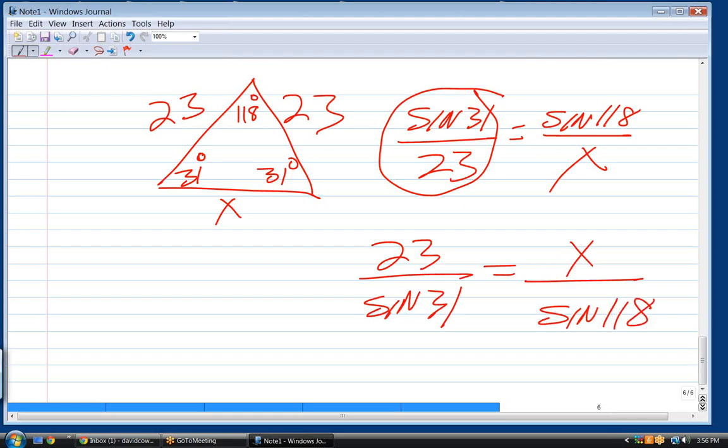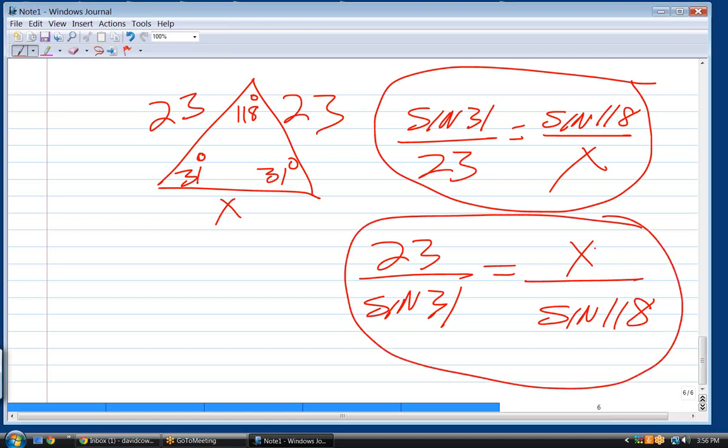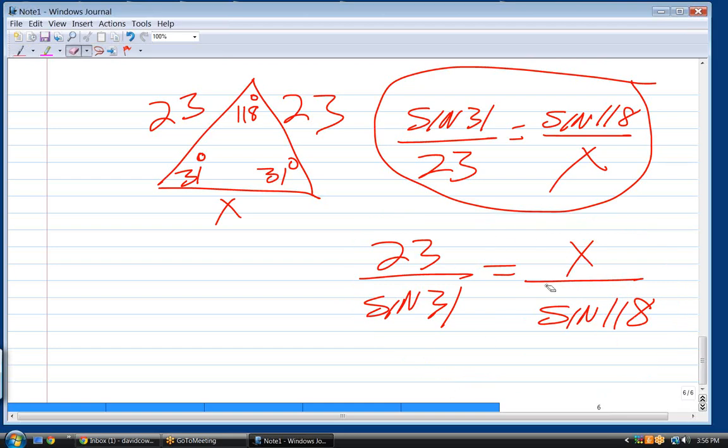That seems insignificant, but in reality, it makes this easier to solve. If I'm going to solve this problem here, I have to cross multiply. If I'm going to solve this problem here, all I have to do is multiply both sides by this sine of 118. In other words, this is one step, this is two.